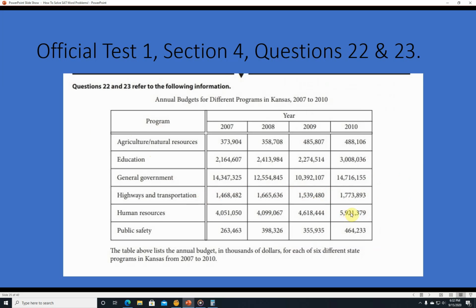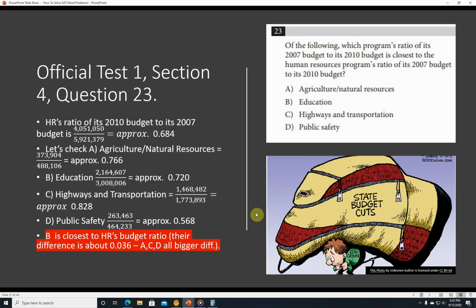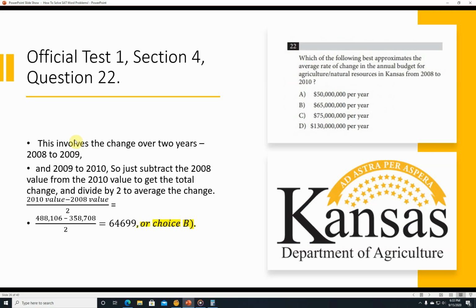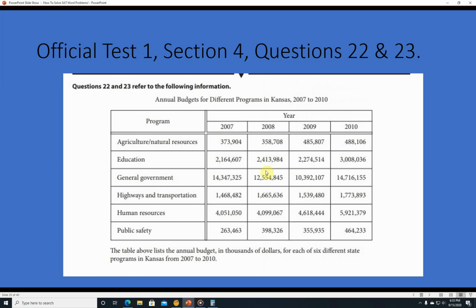5,921,379 over, and let's see, did it say 2007? Yeah, so actually it should be the ratio of 2007 to 2010, so I made a mistake here, but I got the equation right. Okay, so it's 4,051,050 in 2007, and we can check that. Yep, right there.